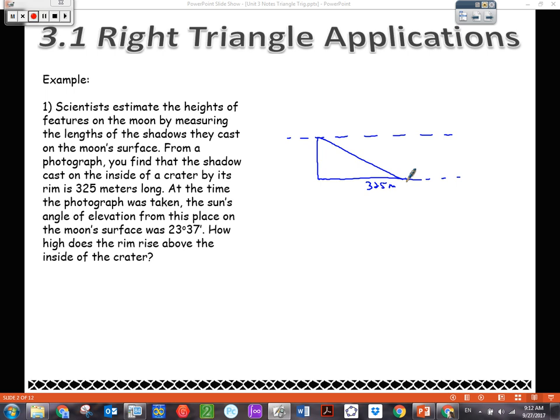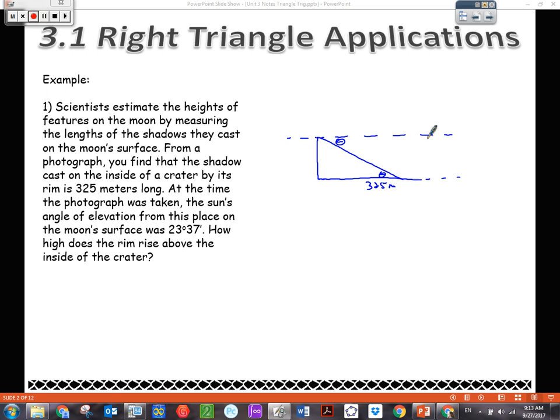We need to keep in mind that the angle of elevation is never, ever made with the vertical line. Always with the horizontal. Whether I'm looking at the angle of elevation or the angle of depression, they're the same angle.